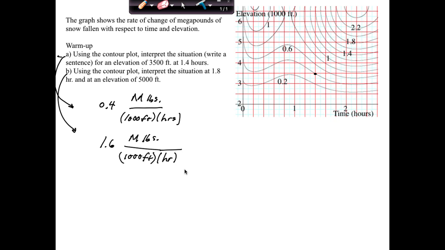Yeah, at an elevation of 3,500 feet and at a time of 1.4 hours, the megapounds of snow varies by 0.4 megapounds with every small change in elevation and hours. So for every small change in elevation and hours, the amount of megapounds of snow changes by 0.4. That's what I heard you say.